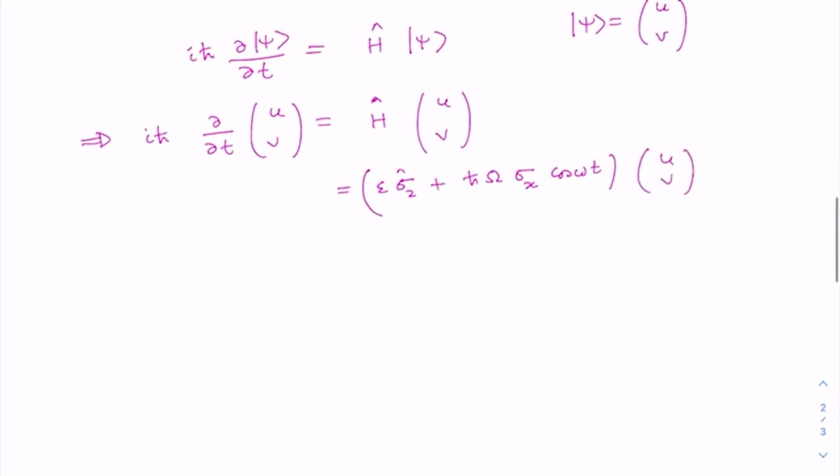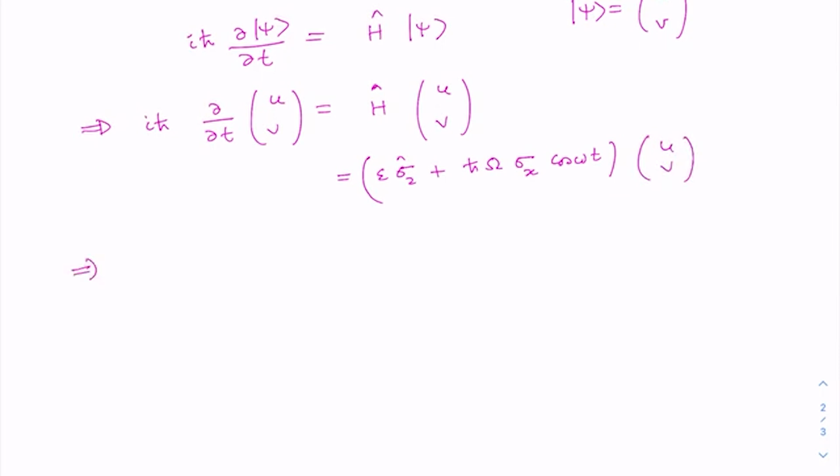Acting on (u, v). So what I'm going to get is i h cross, with del u del t here and del v del t, and you can see that if epsilon sigma z is applied there, you will simply get epsilon u minus epsilon v, the first term on the right hand side.